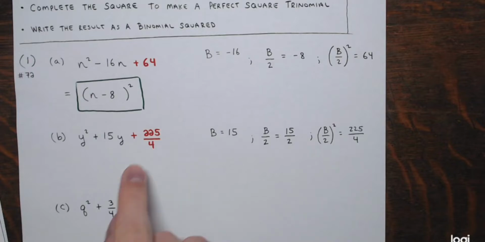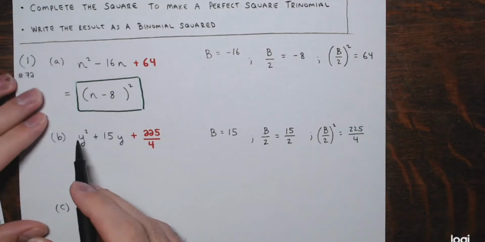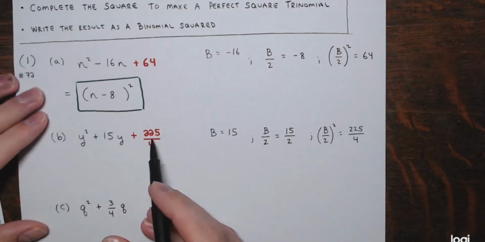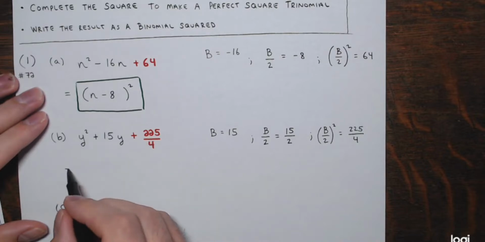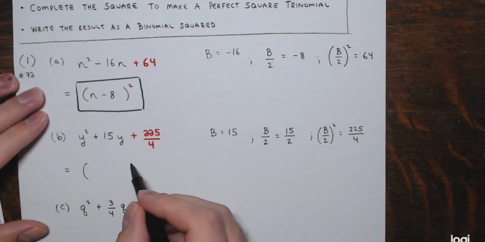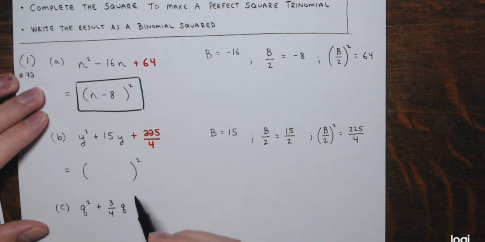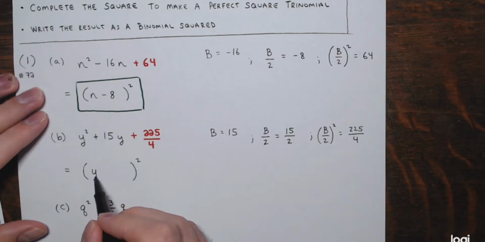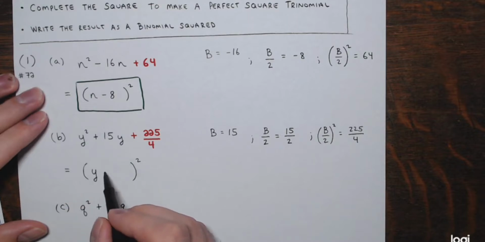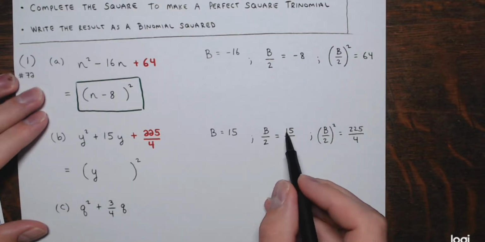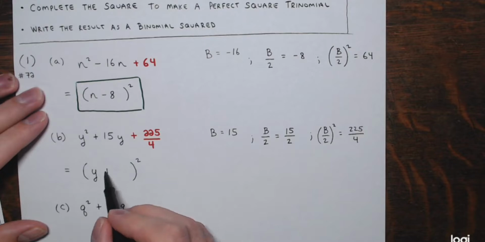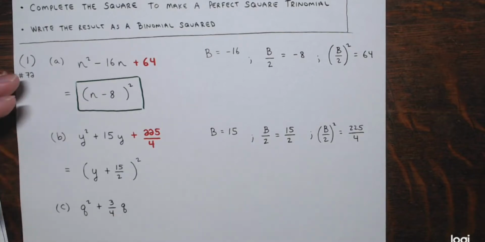Alright, now that I've done this, I have created a trinomial that is a perfect square. It can be expressed as a binomial to the second power. And this binomial is simply the variable, which in this case is y, plus whatever half that linear coefficient was, so plus 15 halves. And there you go.